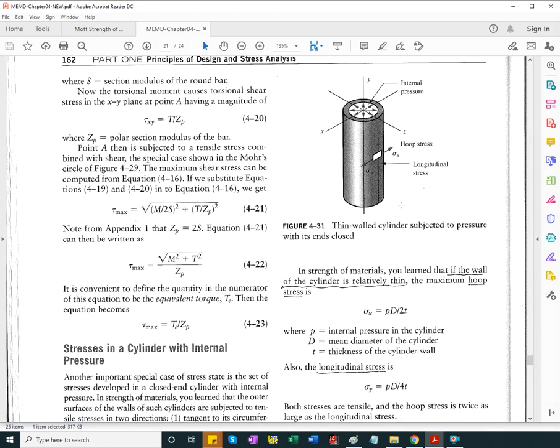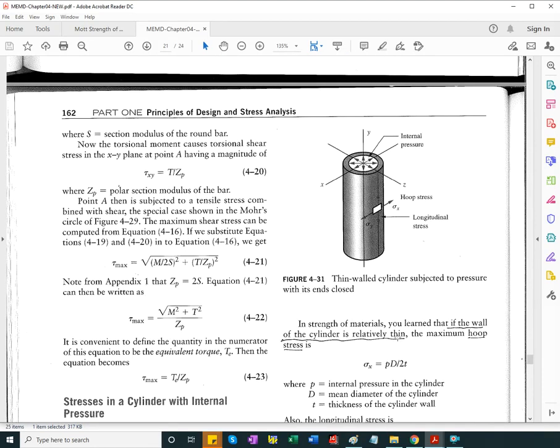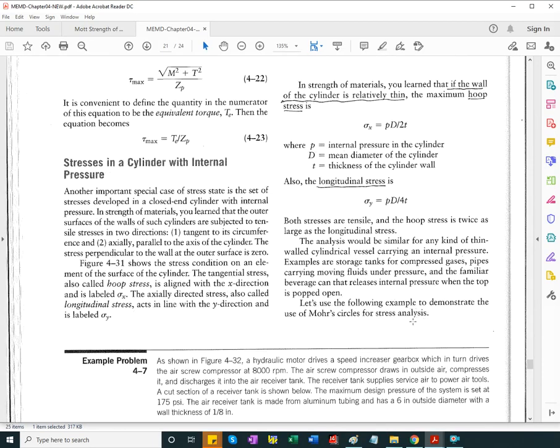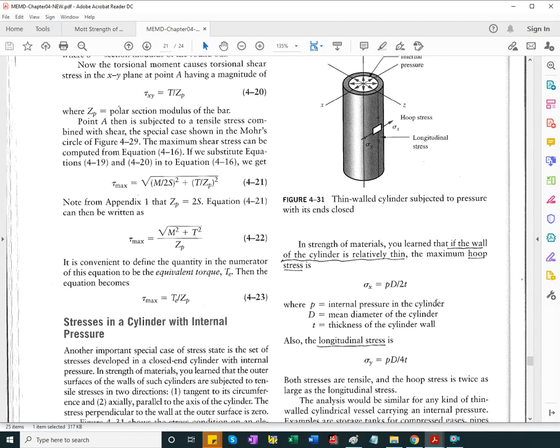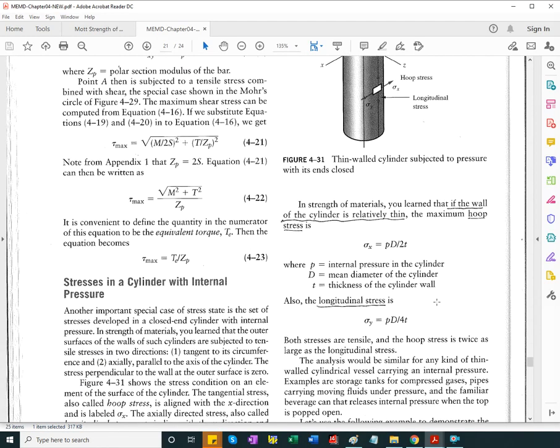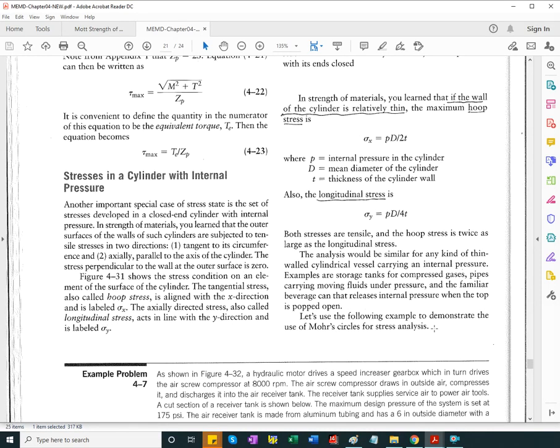This applies correctly for thin wall cylinders. A thin wall cylinder is one where the mean diameter over thickness is greater than 20. We'll look at that by studying chapter 12 from the Strength of Materials book by Mott and Untener.